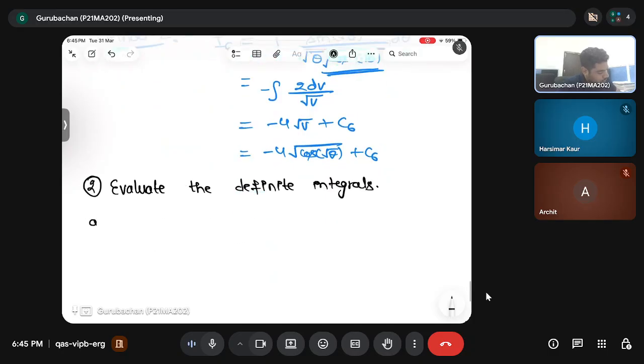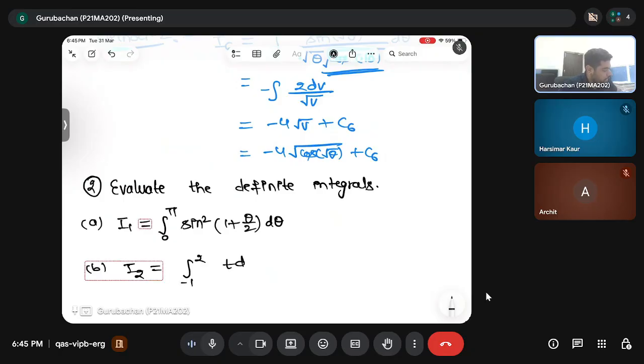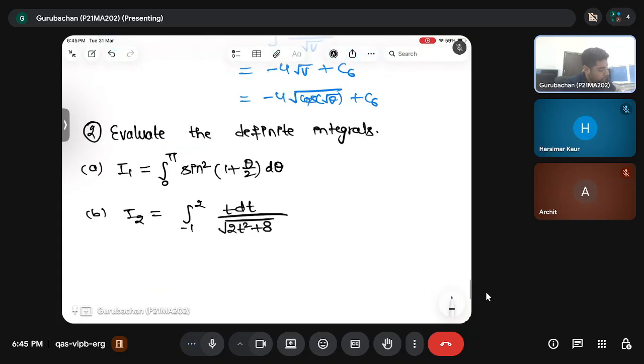So the first one is I1 equal to integral from 0 to pi of sine square of (1 plus theta by 2) d theta. The second one is integral from minus 1 to 2 of t dt under root of 2 t square plus 8.